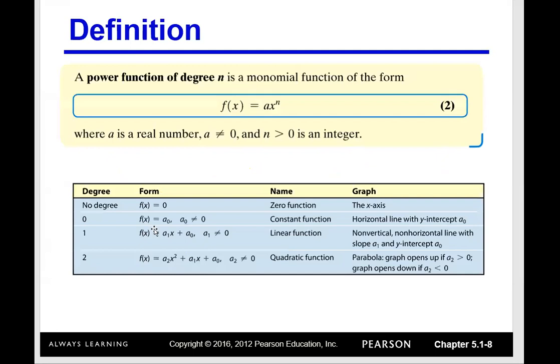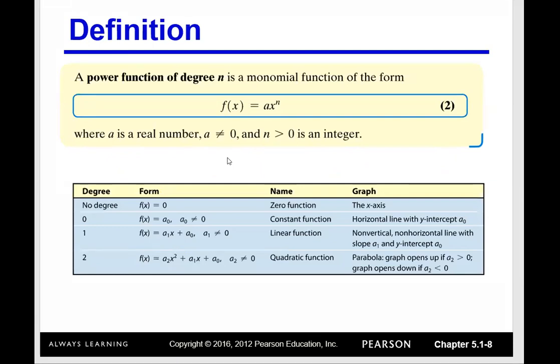Okay, a power function of degree n is simply f of x equals some number a times x to the nth degree. So if it's an x squared, that's a quadratic. If it's an x cubed, that is a cubic. If it's an x to the 4th, those are called quartics, I think.